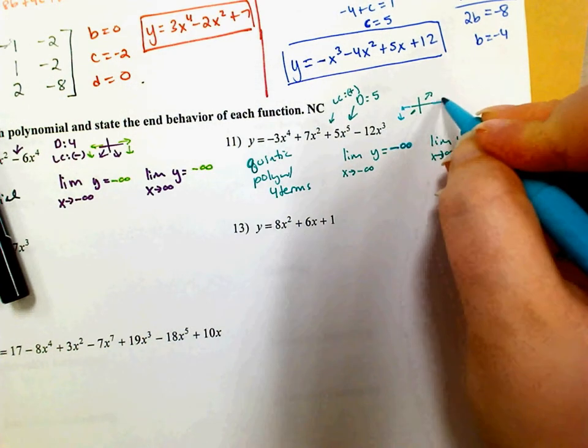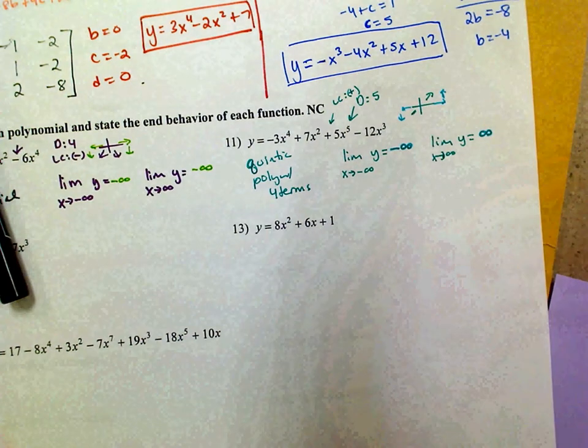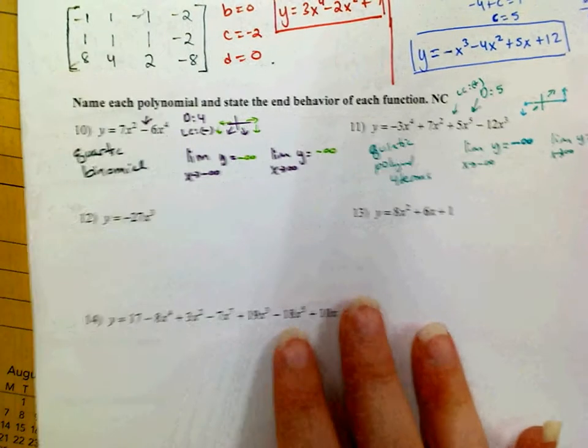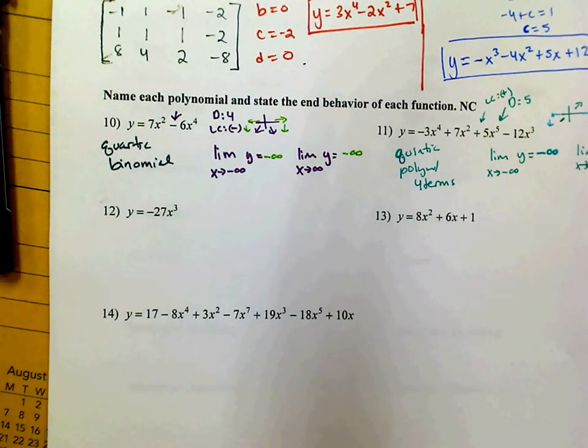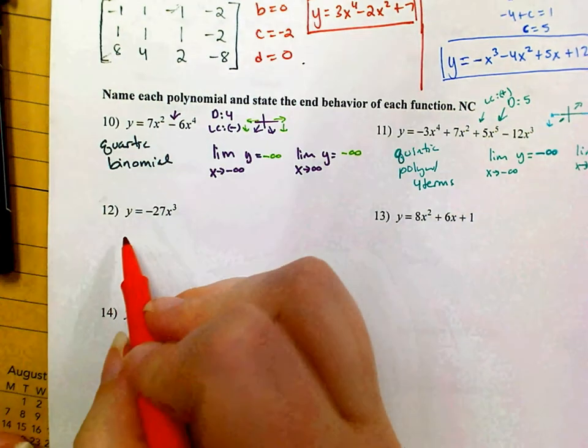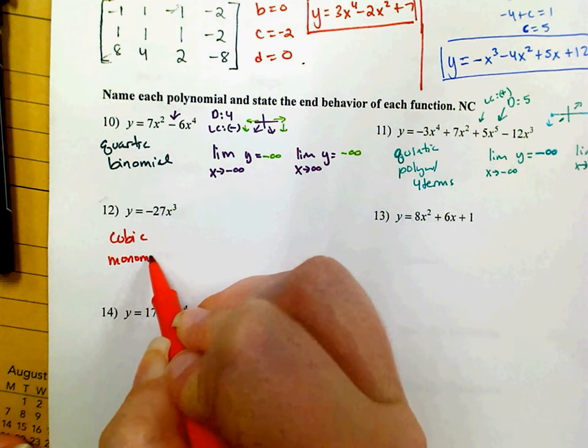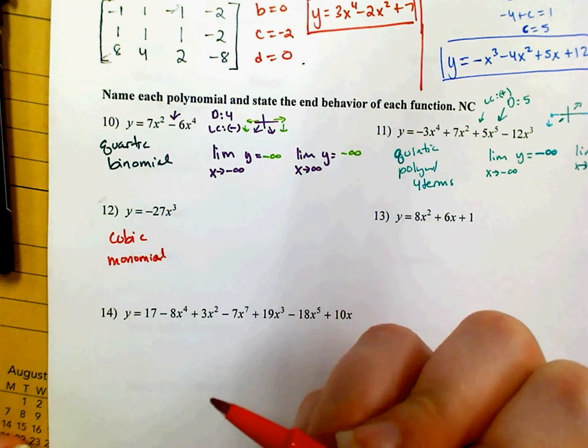Okay. Number 12. The name: it is a power of 3, which is a cubic, and there's only 1 term, so it's a cubic monomial. Okay? It is odd. The degree is odd, and the leading coefficient is, well, there's only 1, and it's negative.